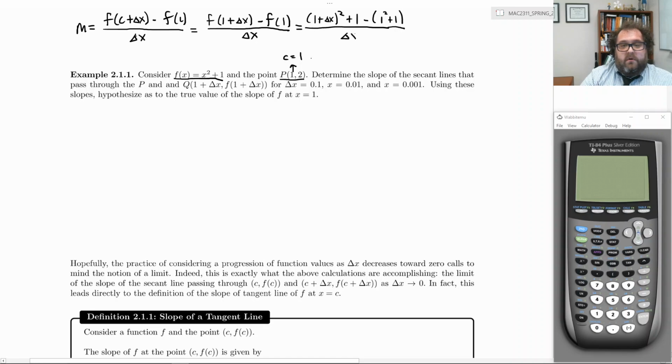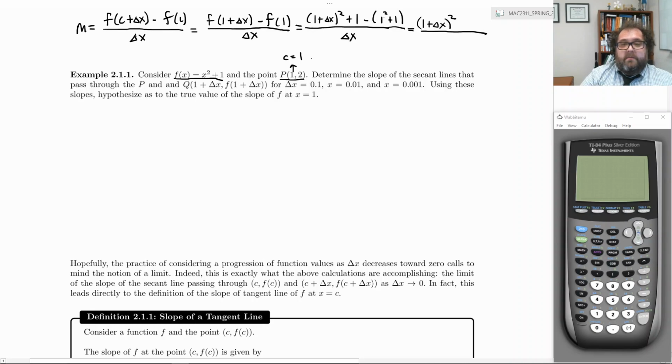over delta x. Okay. And then we could simplify this a little bit. I'm not going to simplify it all the way. I'm going to just simplify this basic arithmetic up here and say this gives us 1 plus delta x squared.